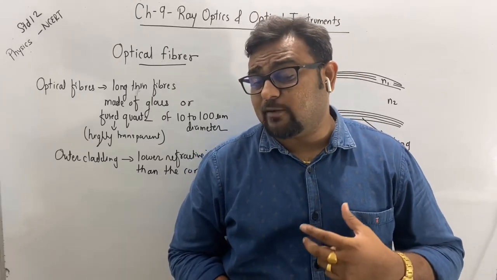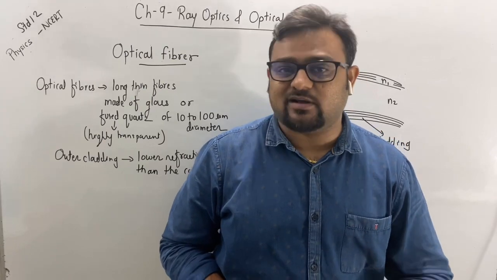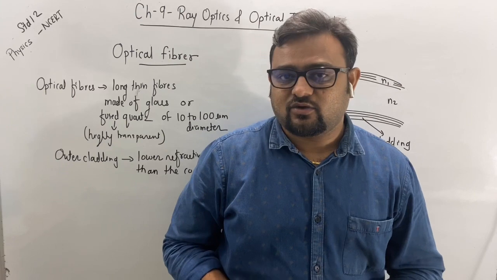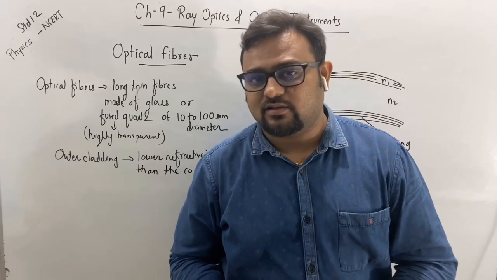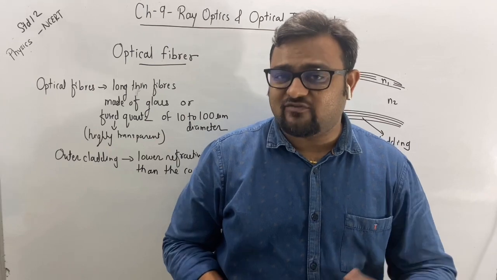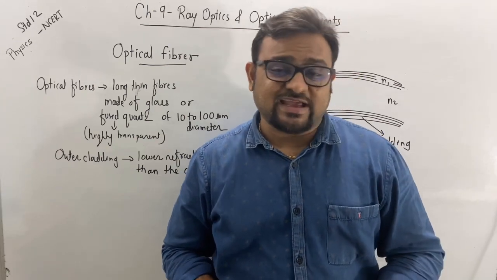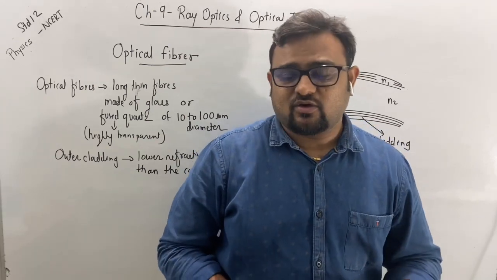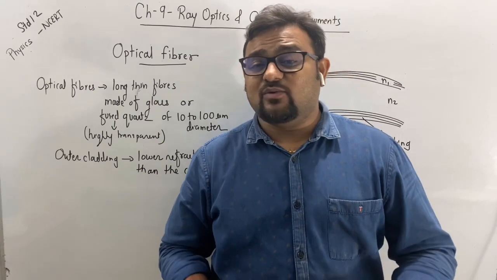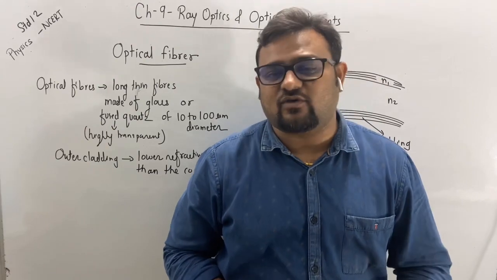Also, it is used for broadcasting cables, right? These cables are very light, and they are also flexible. So optical fibers are used in broadcasting. They can carry a larger amount of data effectively and without leakage of information.